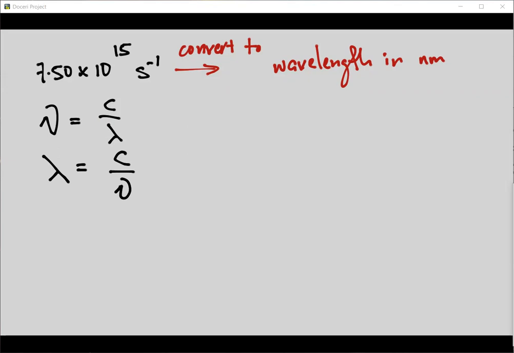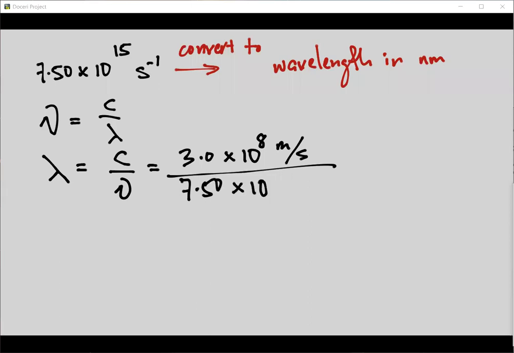And then plug in the numbers, right? So we have the speed of light, which is 3 times 10 to the 8th power meters per second. And you're dividing this by the frequency that's given, which is 7.50 times 10 to the 15th power inverse second.